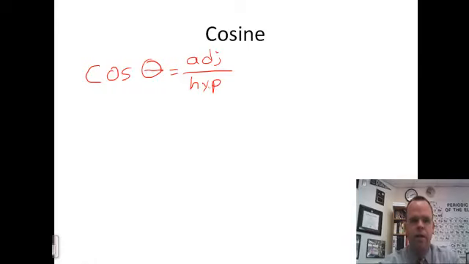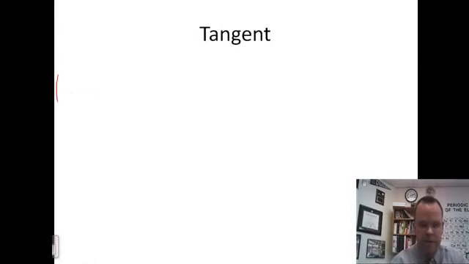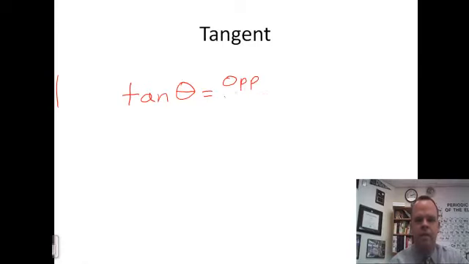And the third formula is the formula for tangent. The tangent of any angle, abbreviated tan, is equal to the opposite side divided by the adjacent side.